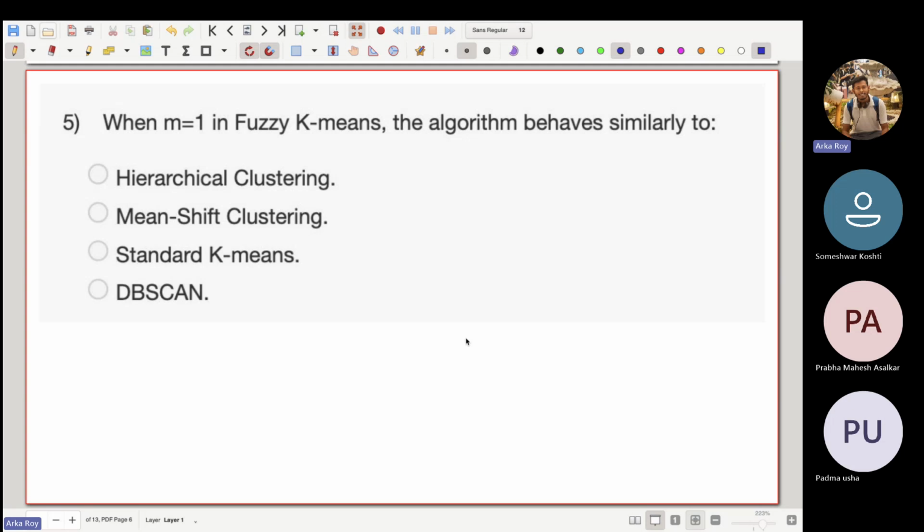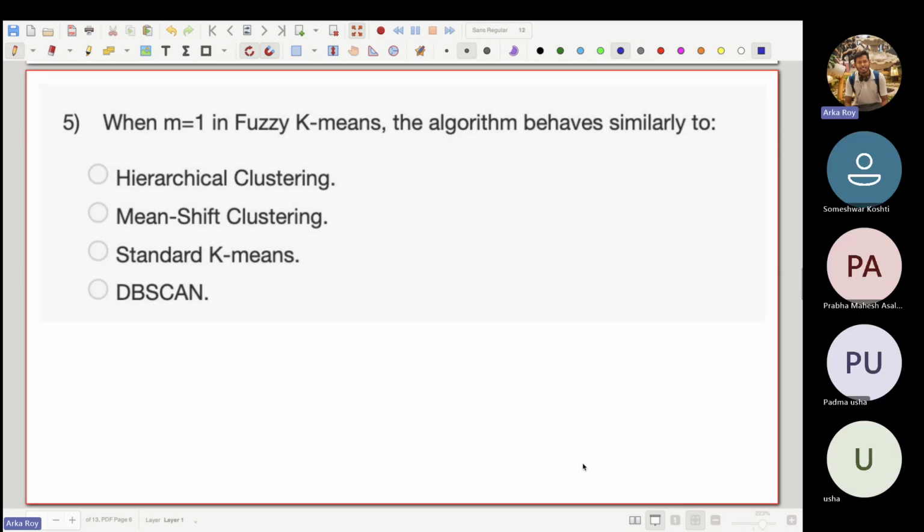But in fuzzy k-means clustering, the moment you increase the m value, it increases the uncertainty property of the belongingness of any data point to any cluster. So you cannot definitively say whether a point certainly belongs to cluster 1 or cluster 2 or cluster 3.